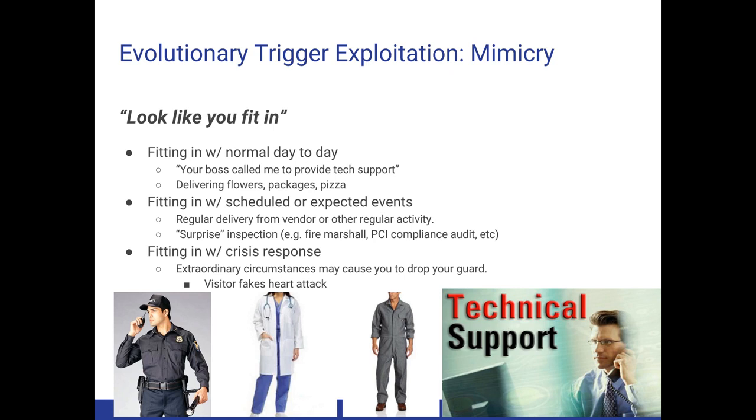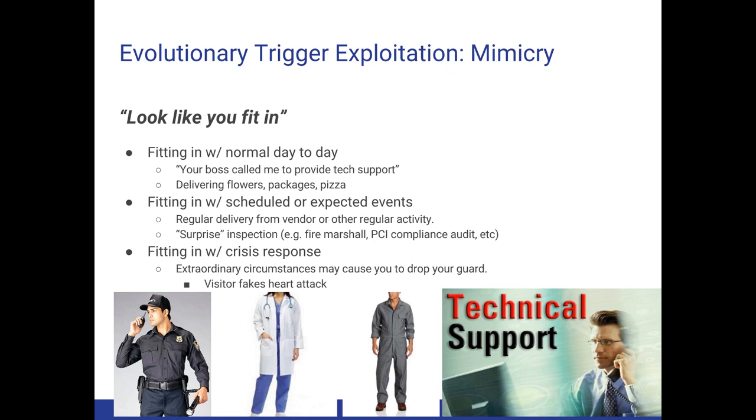And another example is if you've done the OSINT properly and you've identified third parties, you may be able to fit in with scheduled events or sometimes stage surprise but normal events, like a fire marshal inspection.